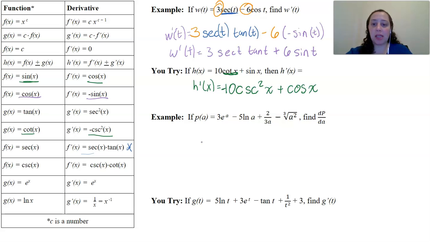If p of a equals 3e to the a minus 5 ln of a plus 2 divided by 3a minus cube root of a squared. Because I have these fractions and radicals, I have to rewrite this first. So p of a equals 3e to the a minus 5 ln of a. All of that stays the same.